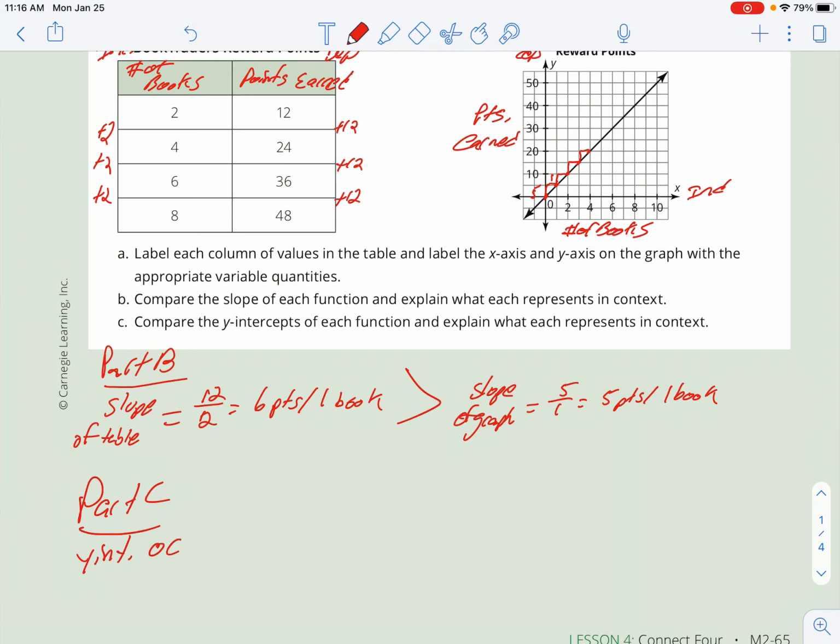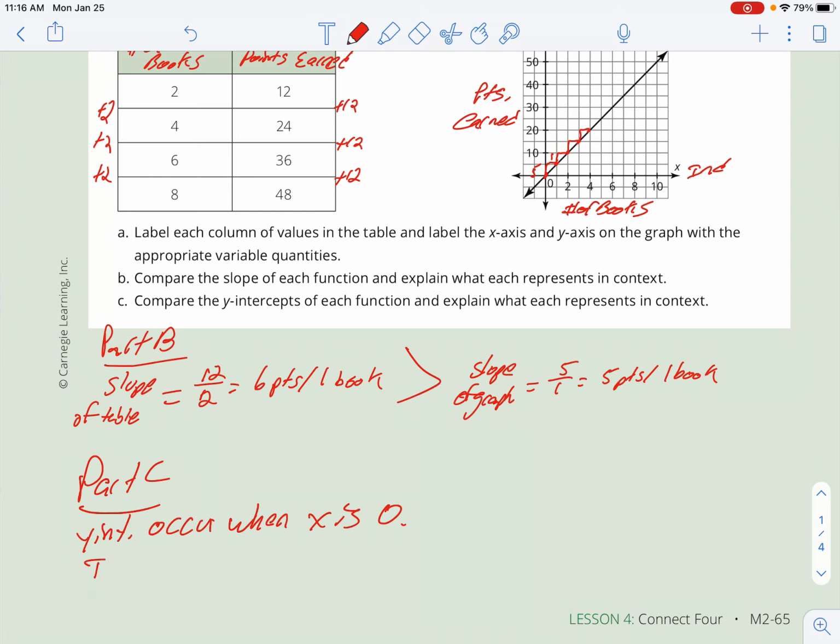On part C, compare the y-intercepts. One more time, y-intercepts occur when x is 0. Now when I look at the table, I don't see that x is 0, but let's think about that. In the context, this problem means turned in 0 books and earned, well, if you turned in nothing, you're not going to get anything.